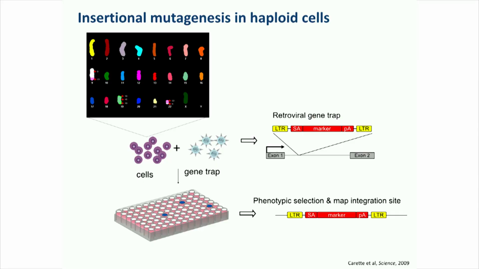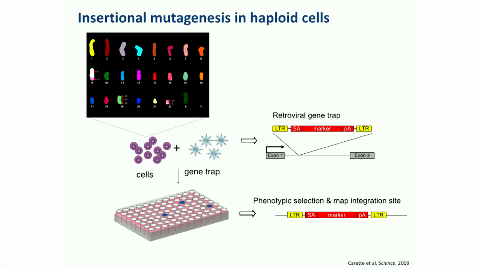But let me talk quickly about haploid genetics. I think it's still a very valuable tool. It was developed by Jan Carette and Thijn Brummelkamp. And basically, they took advantage of the fact that there were cancer cell lines that were haploid for the large majority of the chromosomes.